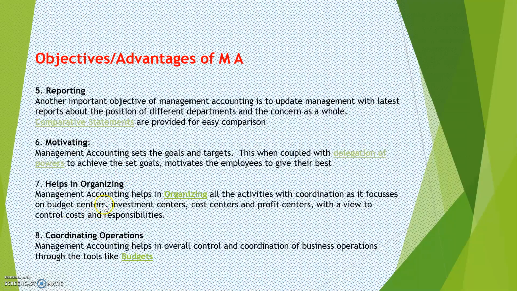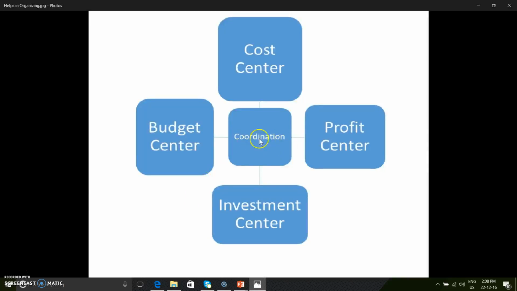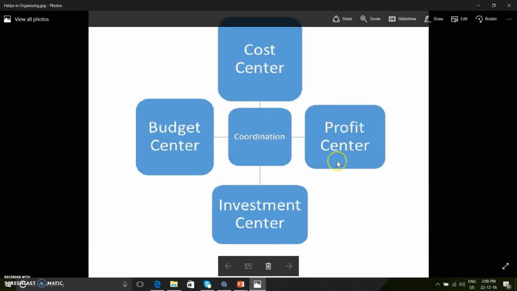Then it helps in organizing. So management accounting helps in organizing all the activities with coordination, as it focuses on budget centers, investment centers, cost centers, and profit centers, with a view to control costs and responsibilities. So now here coordination will happen among all these centers: cost, profit, investment, and budget centers.